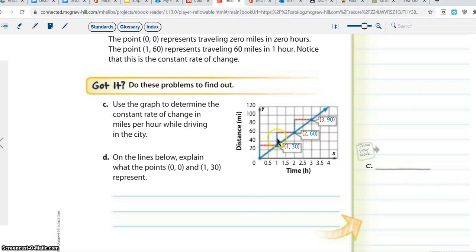This distance, if you think about this, one section is 20, 40, 60, 80. 20, plus another 20 is 40, plus another 20 is 60. Each section is 20. So I have a whole section and half of a section, and I know it's half of a section because I can look right here. So this distance is 30.